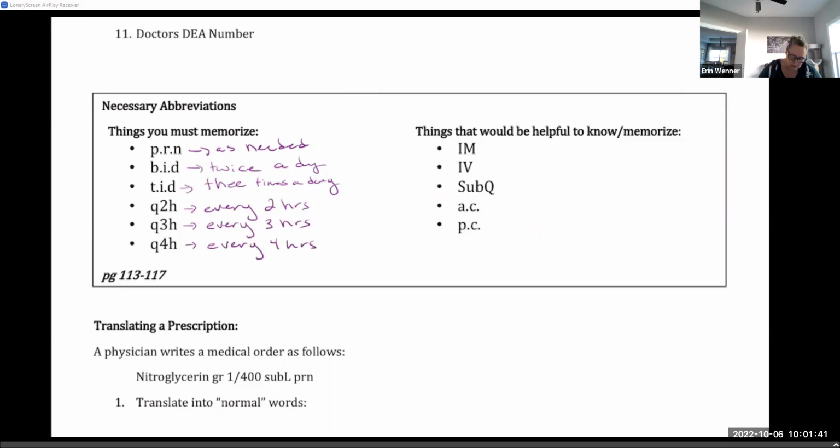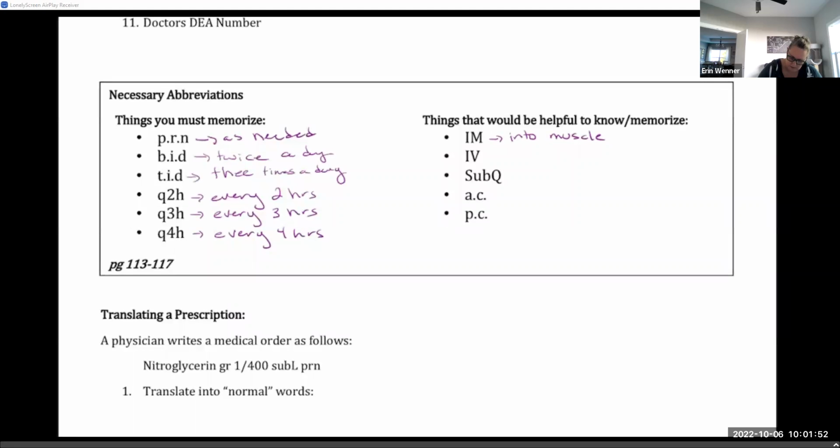IM means intramuscular or into the muscle. IV is intravenous or into vein. Oh, I'm putting a G on the end of vein. Sub-Q means subcutaneous.